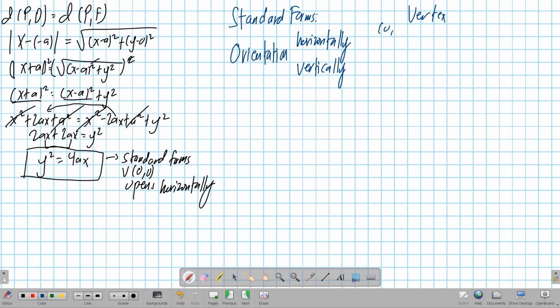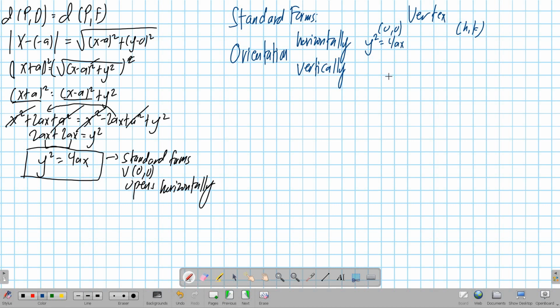Is it at 0, 0, or is it at another point h, k? What we have derived here is the parabola opens horizontally and the vertex is at 0, 0. So we have y squared is equal to 4ax.